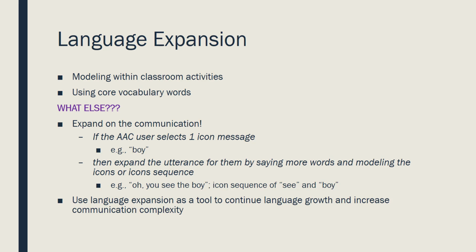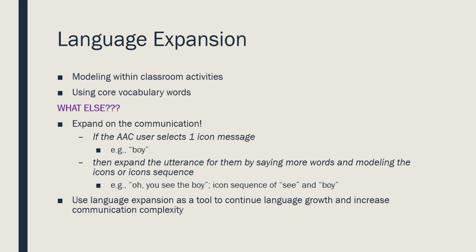Modeling provides a great opportunity to expand language and communication. If the person using AAC is only selecting one icon to communicate their message, then expand their message by saying more words and modeling the icons or icon sequence.